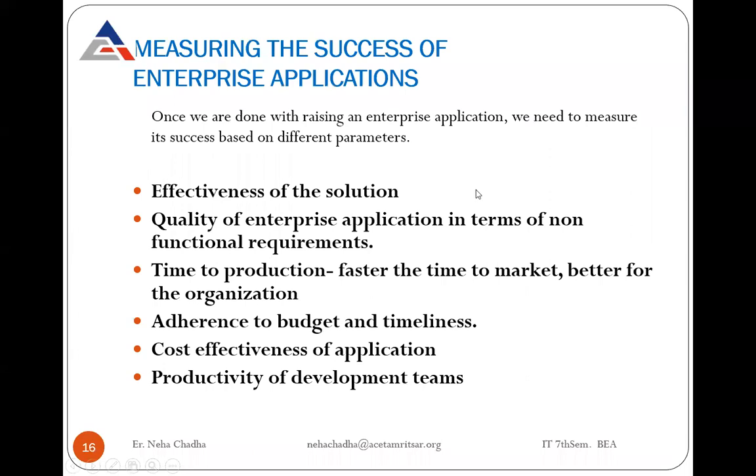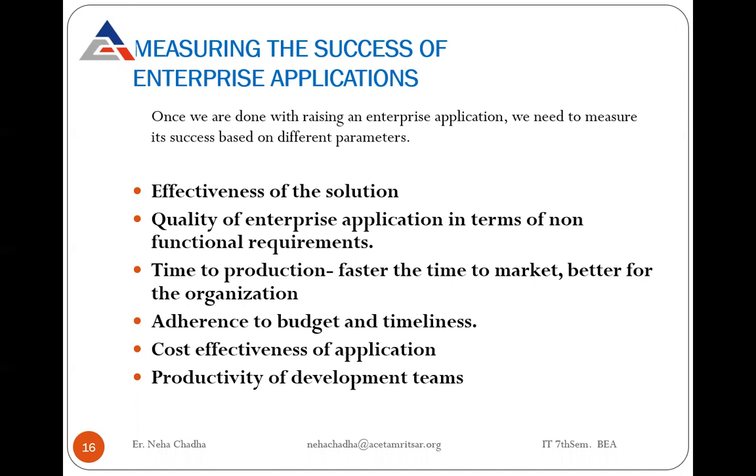Then comes measuring the success of the enterprise application. Once we are done with raising an enterprise application, we need to measure its success based on different parameters. Suppose you are ready with your application; its success depends upon the following parameters. The parameters are the effectiveness of the solution.